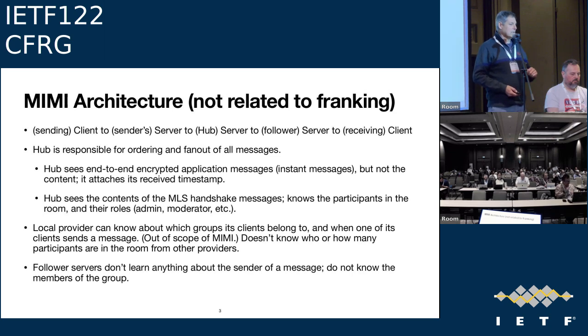In the case of MLS handshake messages, these are proposals and commits. It gets to see the contents of those, and so it knows the list of participants in the room and their respective roles, like if someone is a moderator or an admin.